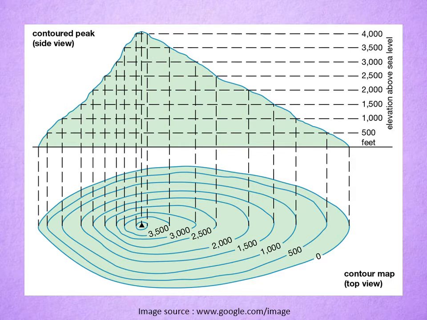Now, suppose you are visiting an area and you see these hillocks. Along these hillocks, there are points of different altitudes. Say this point is 500 feet, this point is 1000 feet, 1500, likewise. And it's a three-dimensional figure. This hillock is three-dimensional.